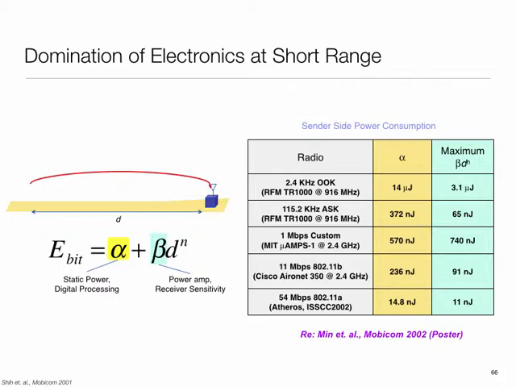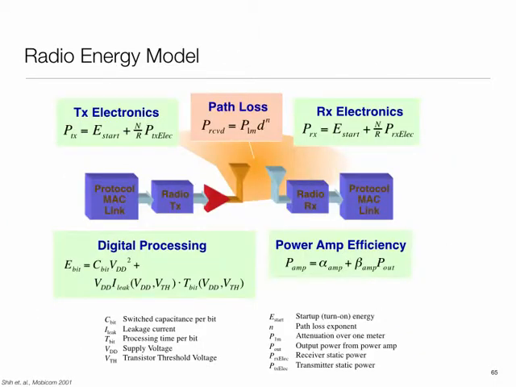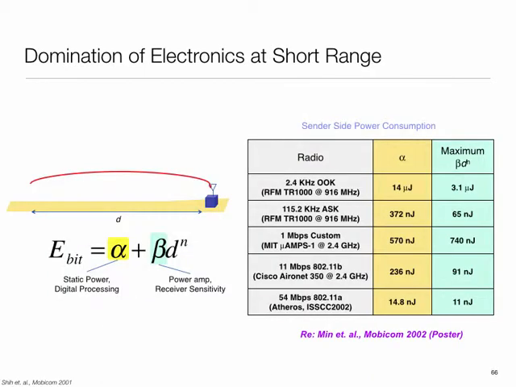Its efficiency comes when the startup cost has disappeared. That E start that I had out here is very tiny because it gets amortized over a lot of bits. So if I'm sending lots of back-to-back packets, I end up asymptotically approaching this thing.